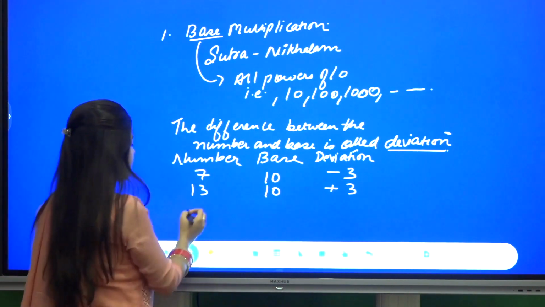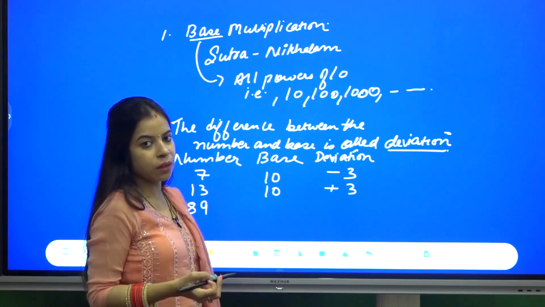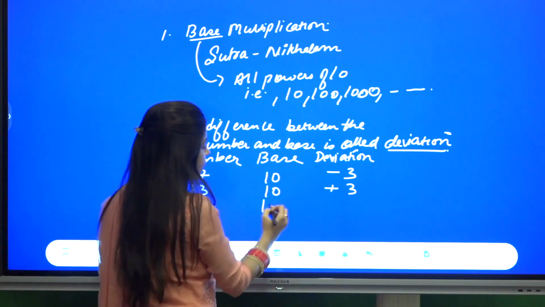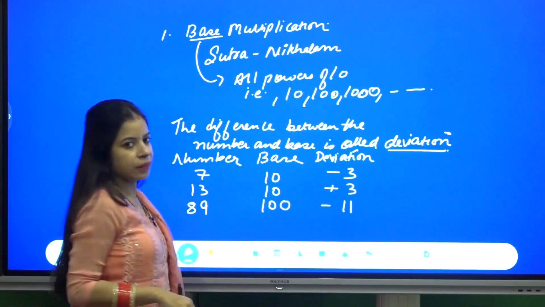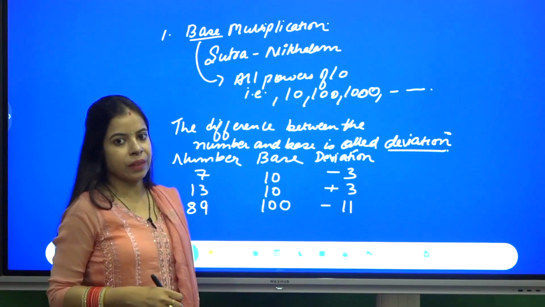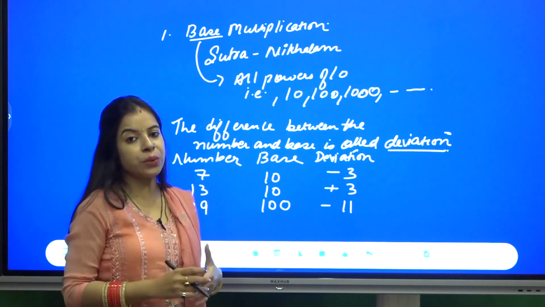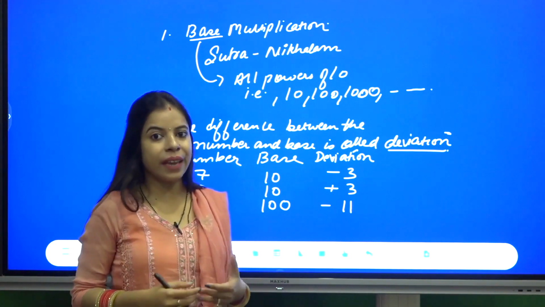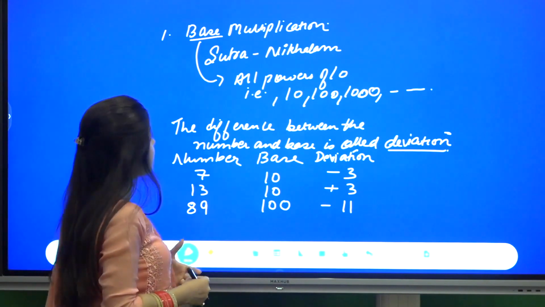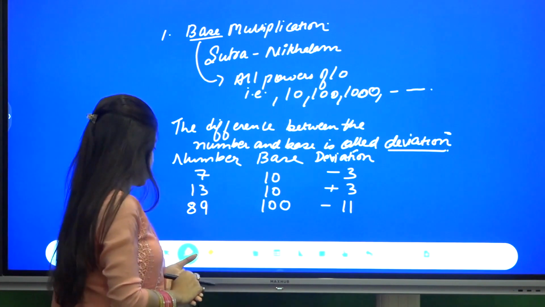If we have 89, the base which is closer to 89 is 100 and so the deviation is -11 and so on. So, here for calculating the deviation we are using the sutra all from 9 and last from 10.